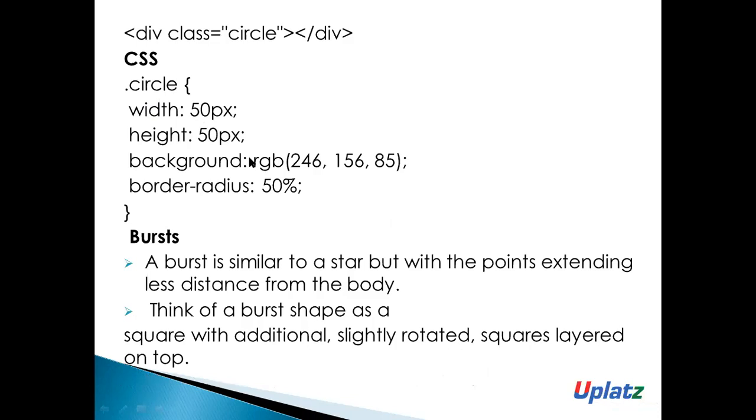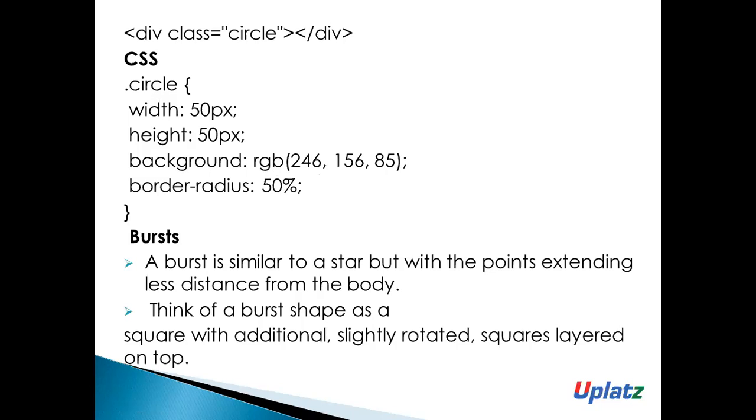Height would be 50. Background RGB, I'm just giving everything. And border radius also I have made 50. You need to keep one thing in mind: in order to make a circle, you need to give a border radius of 50 percent. So it will give you the circle shape.